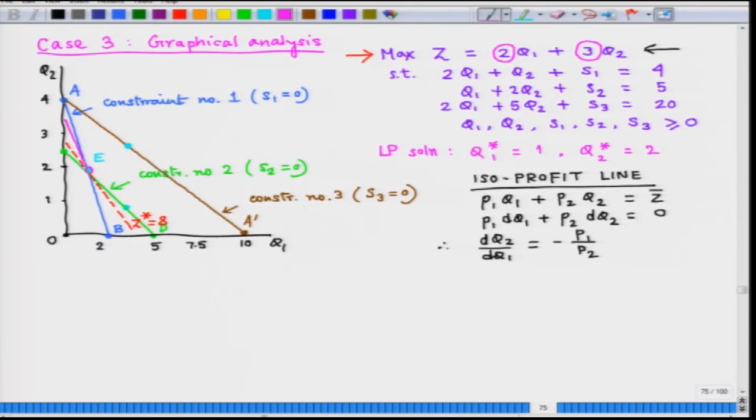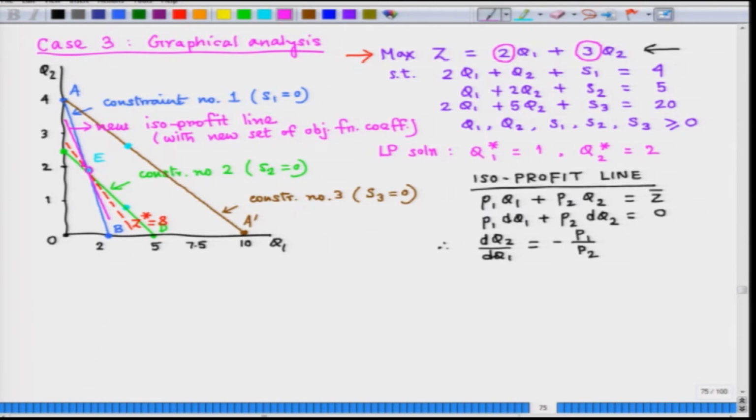I am drawing this pink line which is also an isoprofit line which passes through the point E. And note that although the slope of this new isoprofit line is different, new isoprofit line means that with a new set of objective function coefficients, hence the slope changes.